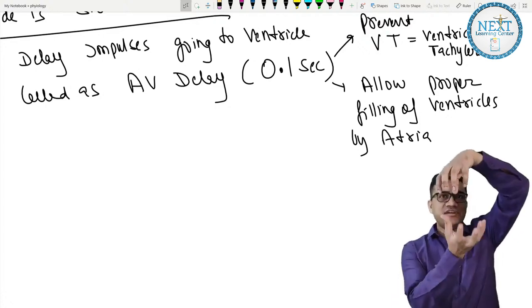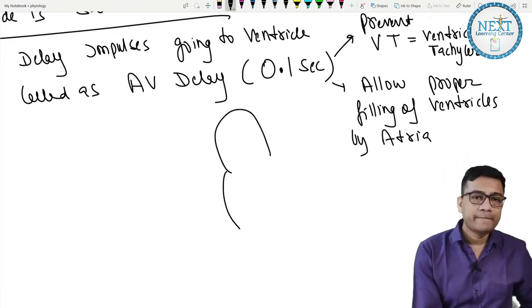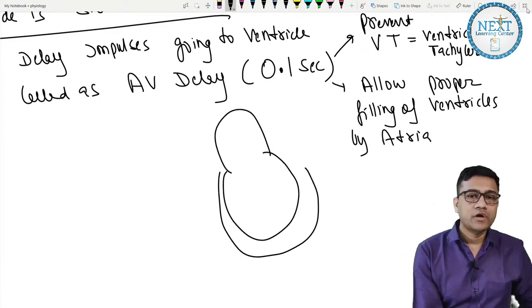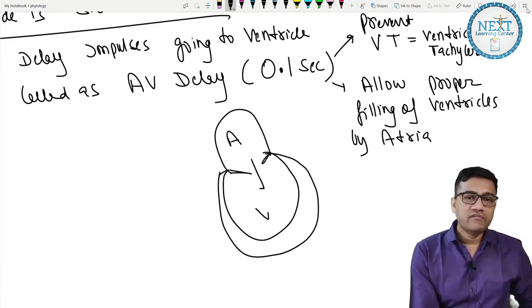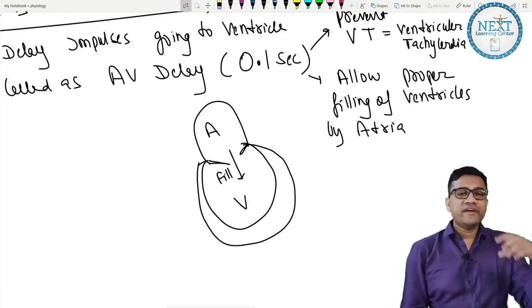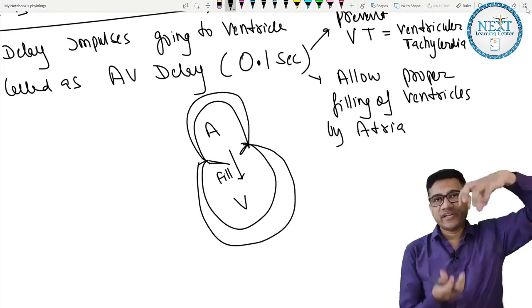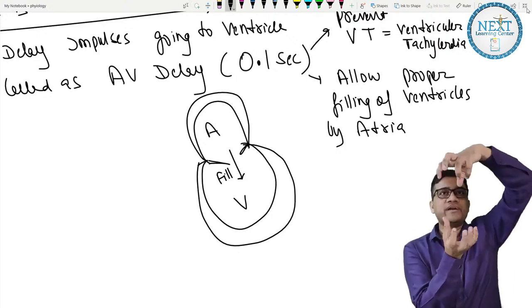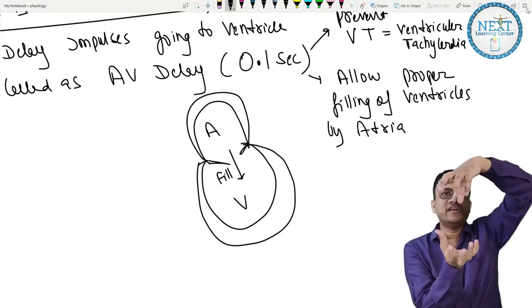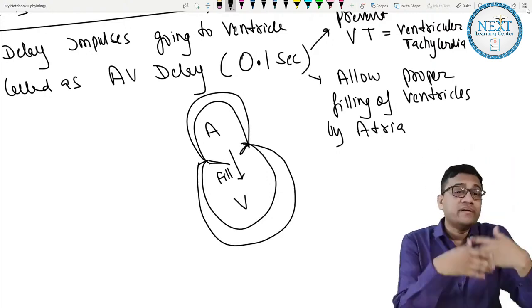How? See, the atria contract to fill the ventricles. Now, when the atria contract to fill the ventricle, at that time the ventricle should remain relaxed. Otherwise, if atria and ventricle both contract at the same time, the atria say, take blood, and the ventricle says, take your blood back, and they vomit the blood out.